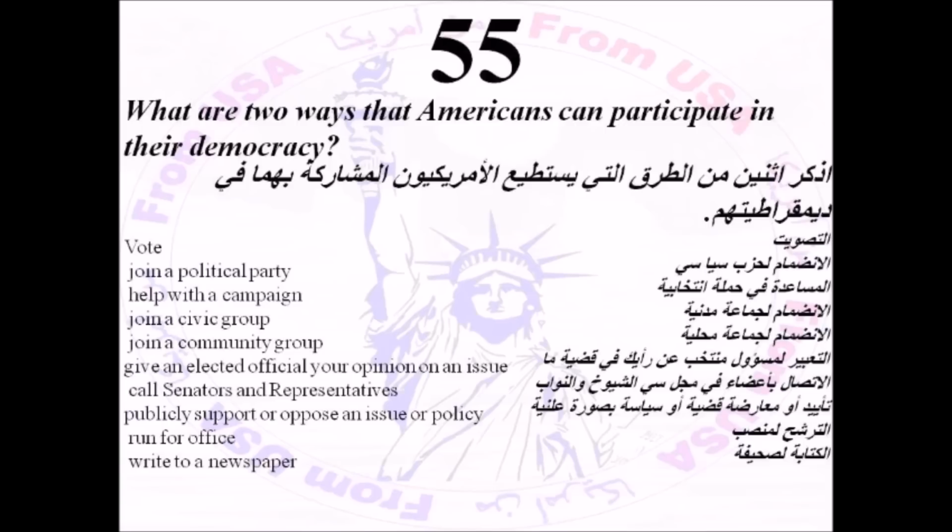Vote, join a political party, help with a campaign, join a civic group, join a community group, give an elected official your opinion on an issue, call senators and representatives, publicly support or oppose an issue or policy, run for office, or write to a newspaper.